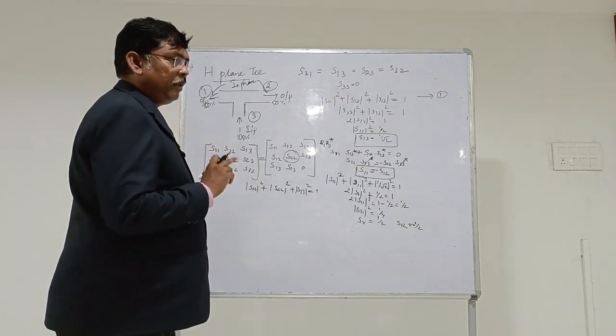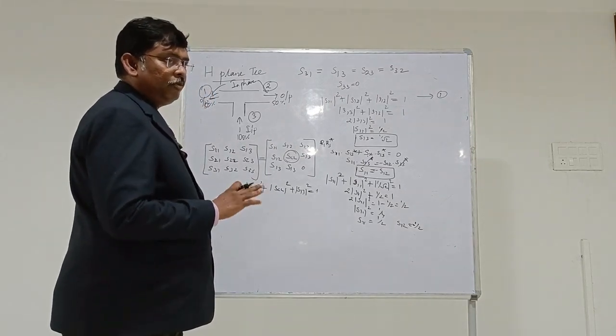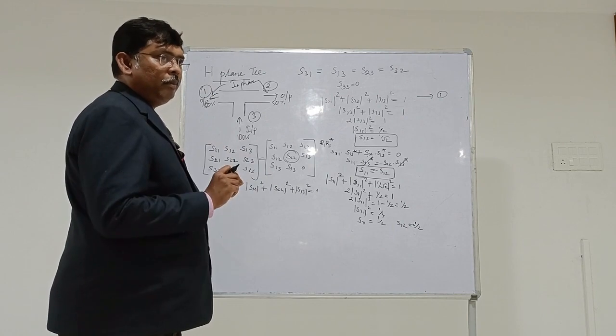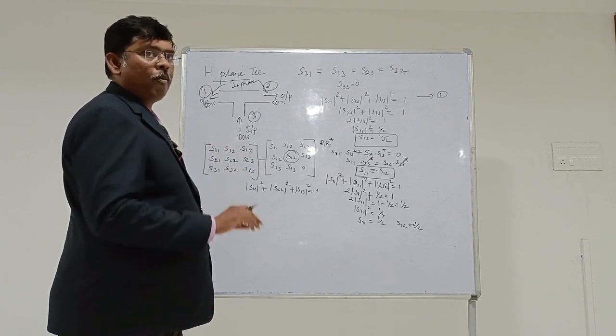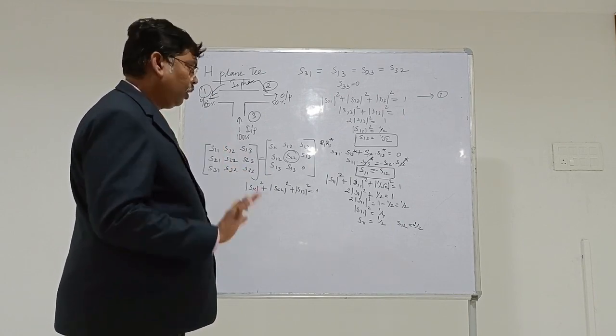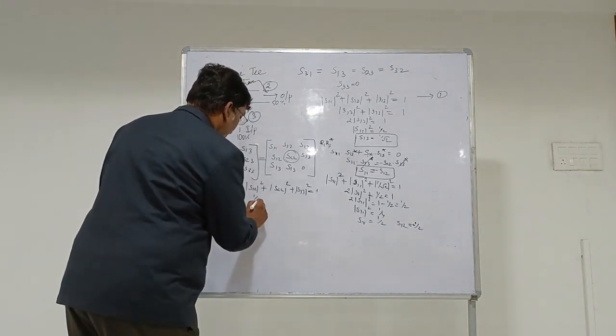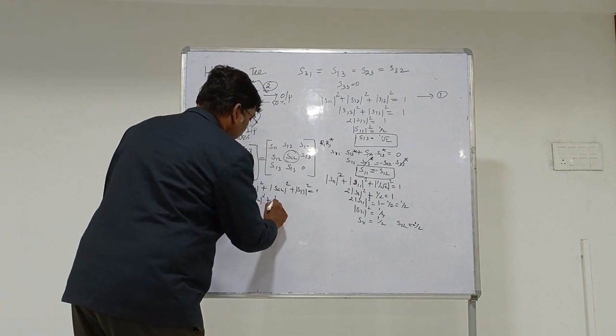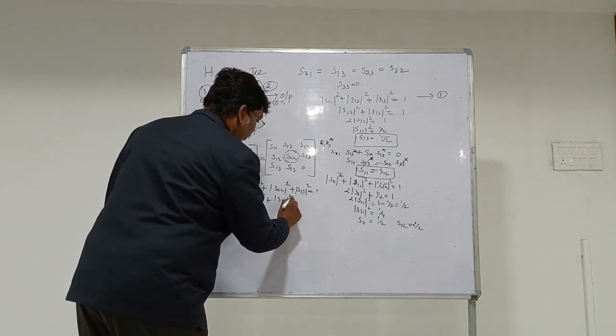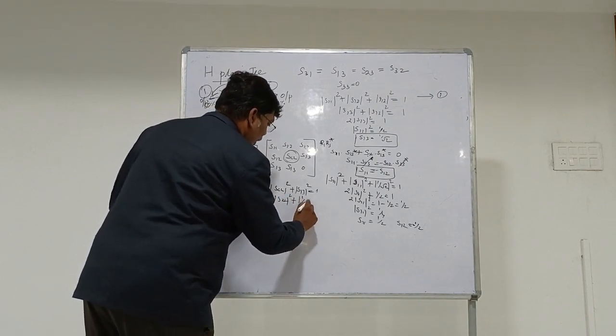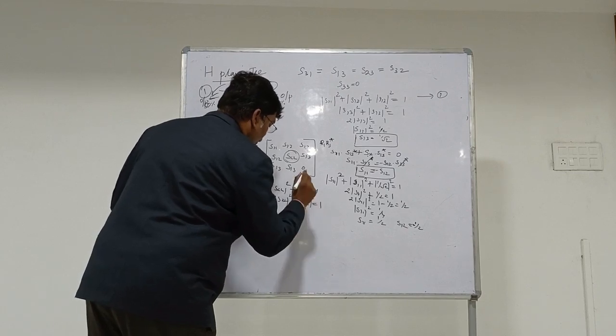Earlier in the previous session I said that the sum of products of any element in a row with its own row's complex conjugate is always equal to 1. So you know the value of S12. That means (1 by 2) squared plus we are supposed to find the value of modulus S22 squared, plus (1 by root 2) squared is equal to 1.